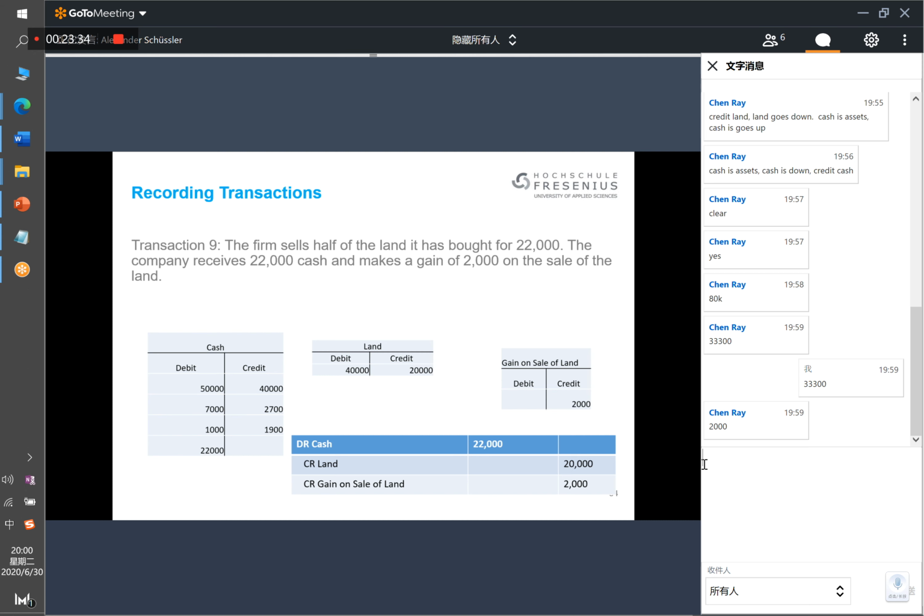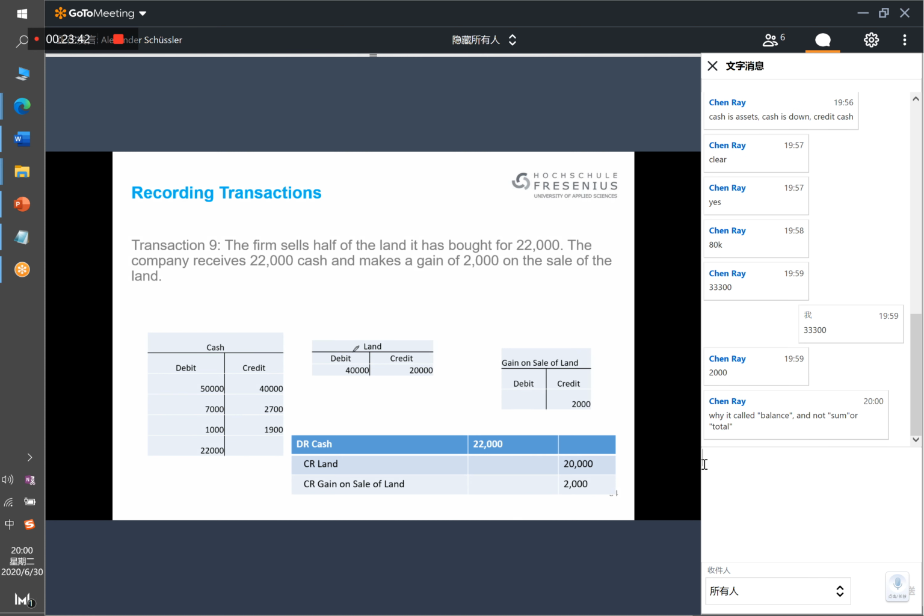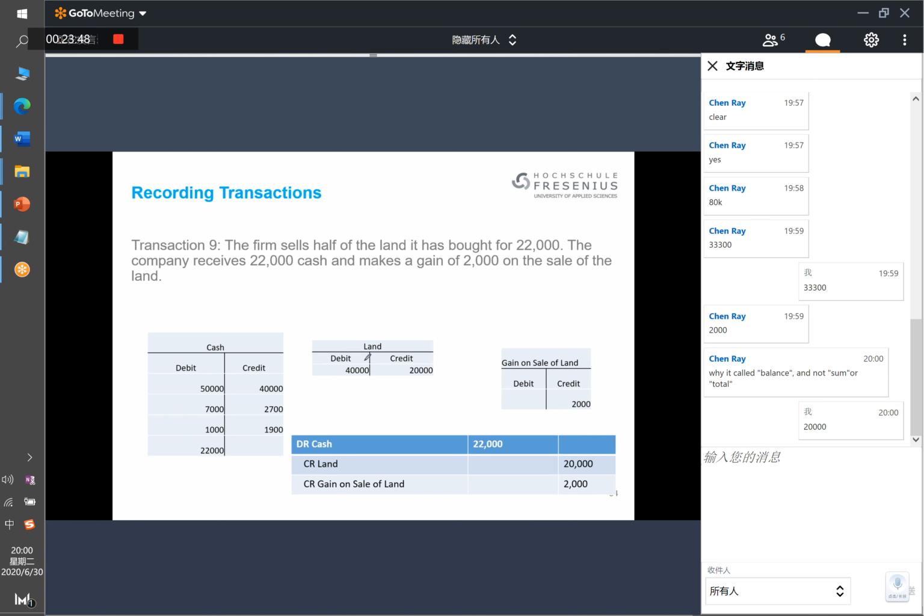What about cash? We already did cash, it was 33,300. What about our land? Why is it called balance and not sum or total? Because it means that with the balance you have balanced your account.